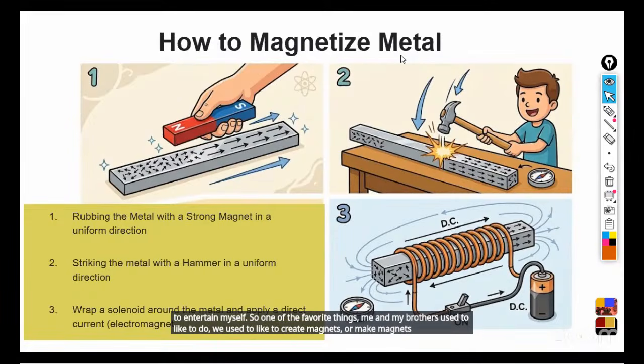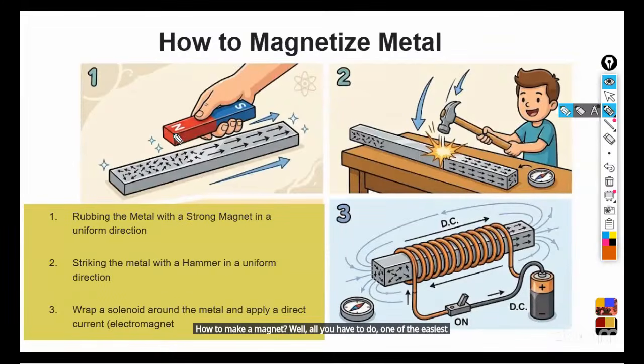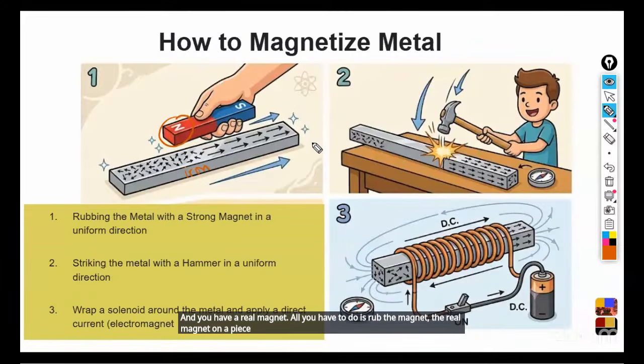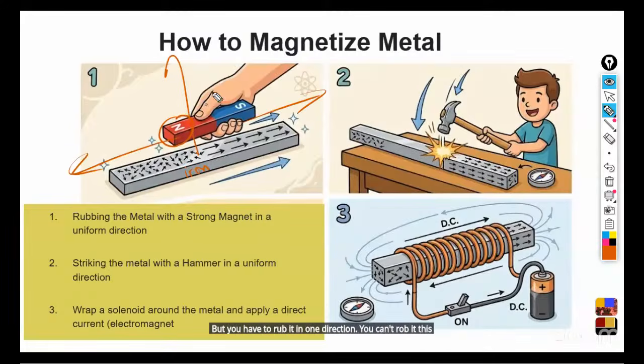So how to make a magnet? Well, one of the easiest ways is this. If you take a piece of iron and you have a real magnet, all you have to do is rub the real magnet on the piece of iron, but you have to rub it in one direction. You can't rub it this way and then this way and then up and down.